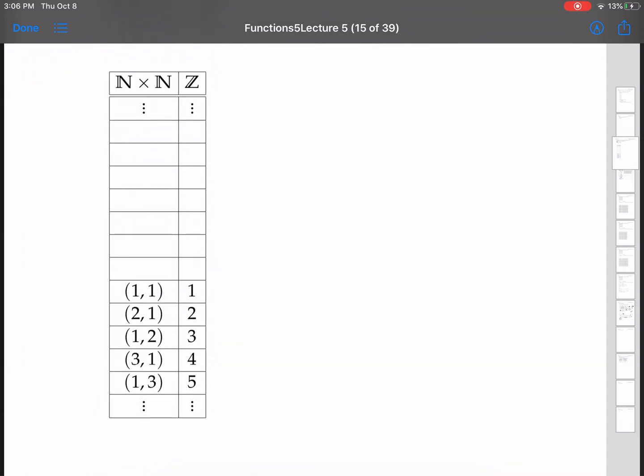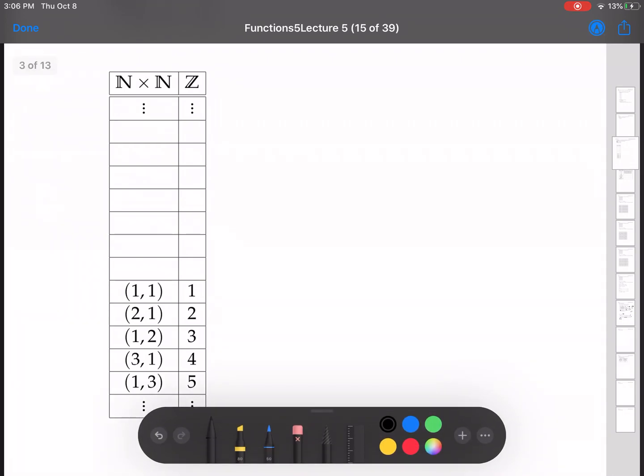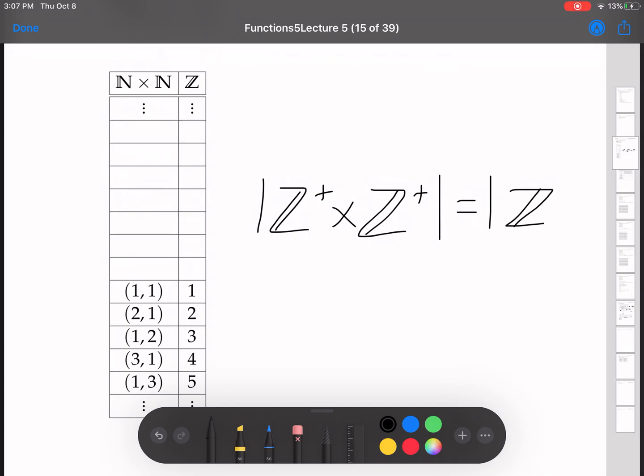All right, so now starting with this thing. In a previous video, from functions 4, we saw that the cross product of Z plus, or the positive integers, with the positive integers has the same cardinality as just the positive integers.